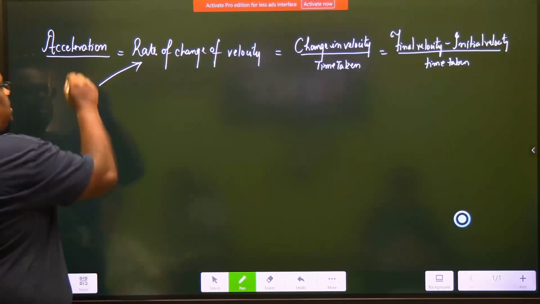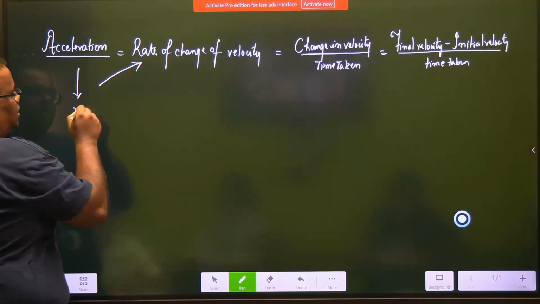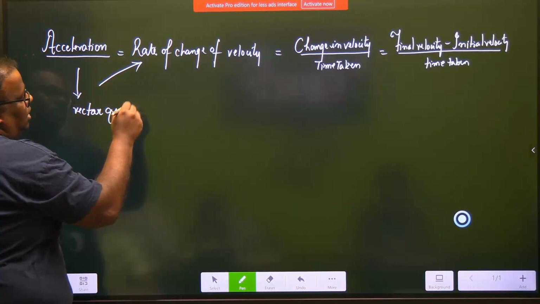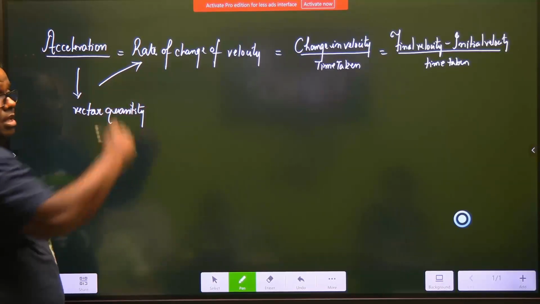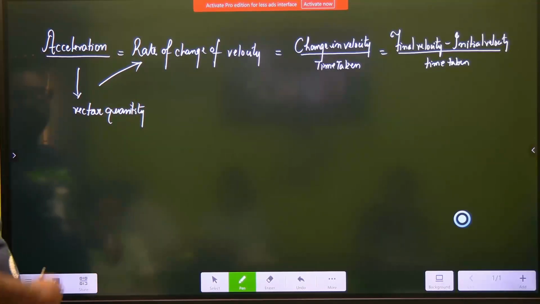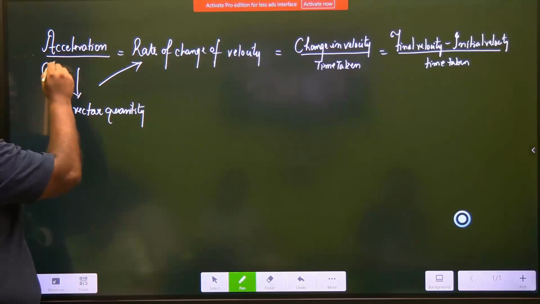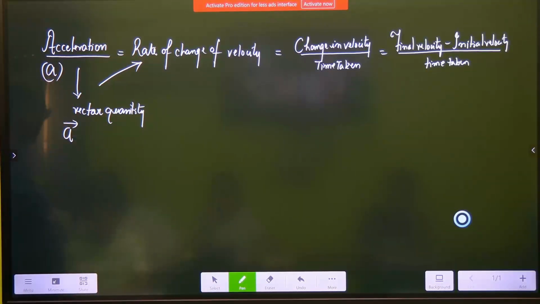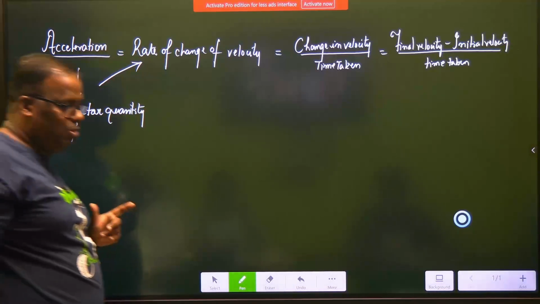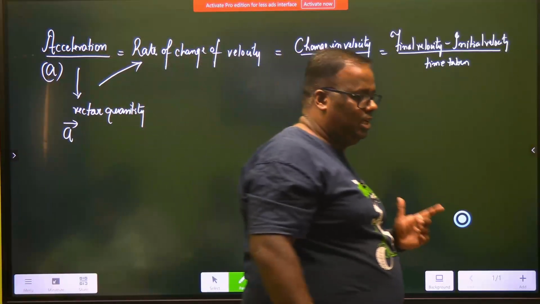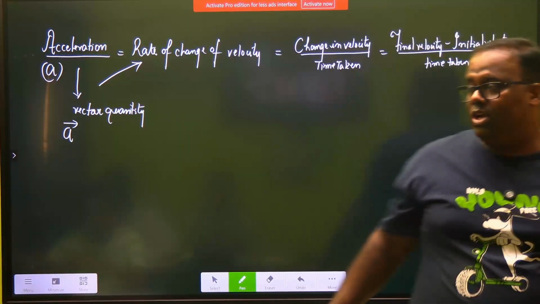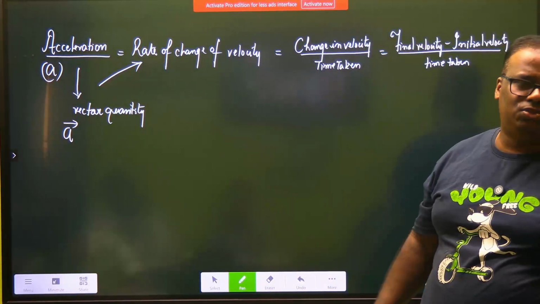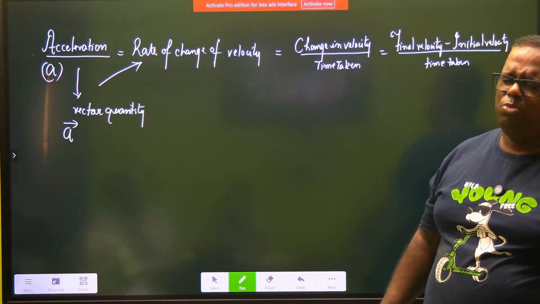So acceleration is a vector quantity. Acceleration is a vector quantity. In grade 9, we will be denoting acceleration as a, but when you go to grade 11, you will denote it as a as a vector. The difference between how you study in grade 9 and grade 11 is, in grade 9, we are studying all vectors only from their scalar perspective, that's only their magnitude and values. We are not so much bothered about the direction.